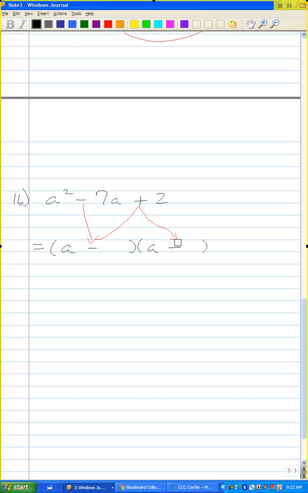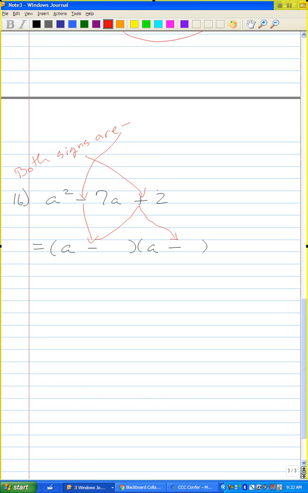Okay, good. So again, this says that both factors, or both signs, are the same. They're both minus because there's a minus here.